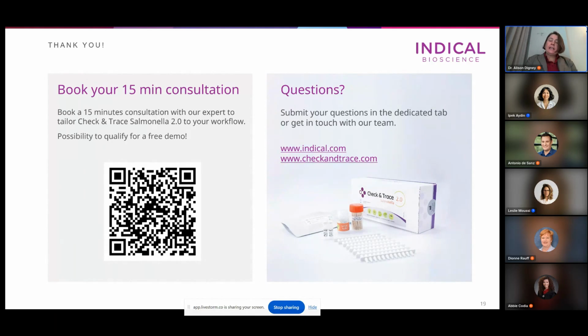Thank you, Antonio. I think that this is a critical part, that there is not a one-size-fits-all. What we do know about Salmonella is that if we are able to detect the point of incursion, it allows us to implement changes that should reduce Salmonella moving forward.